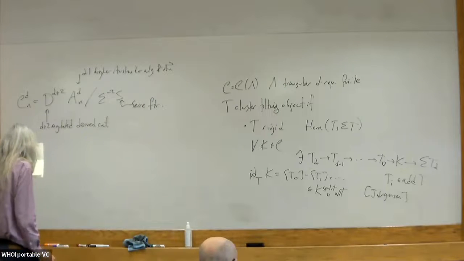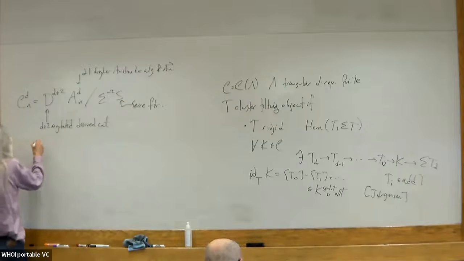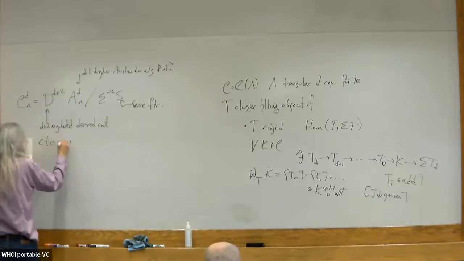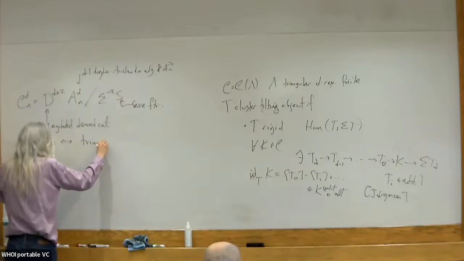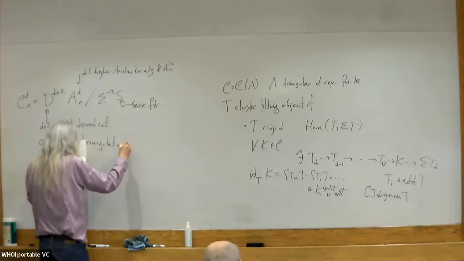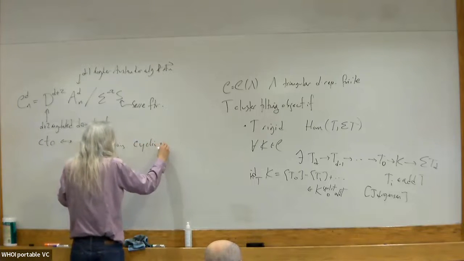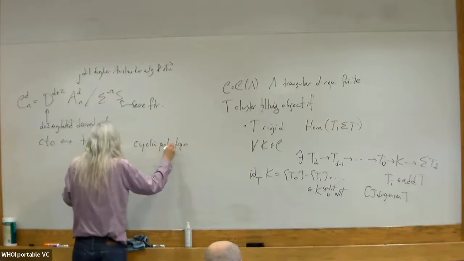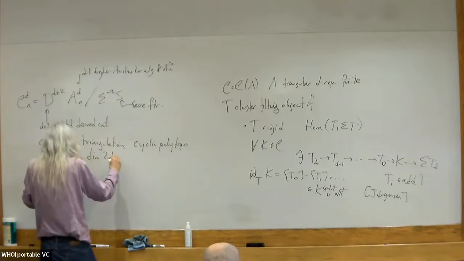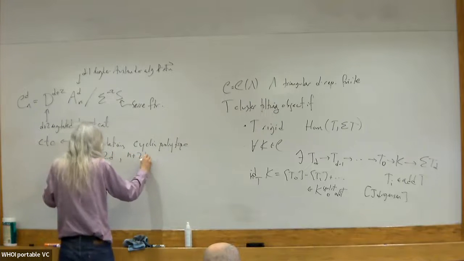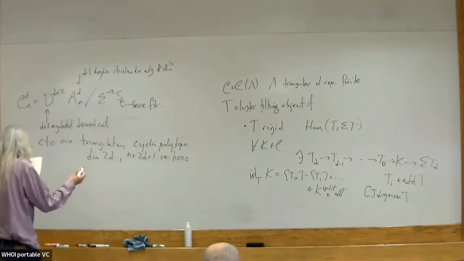So this gives us a category of this type. Cluster tilting objects correspond to triangulations of the cyclic polytope, which is 2d-dimensional with n+2d+1 vertices. So you can check if d equals 1, we're back in the classical setting.